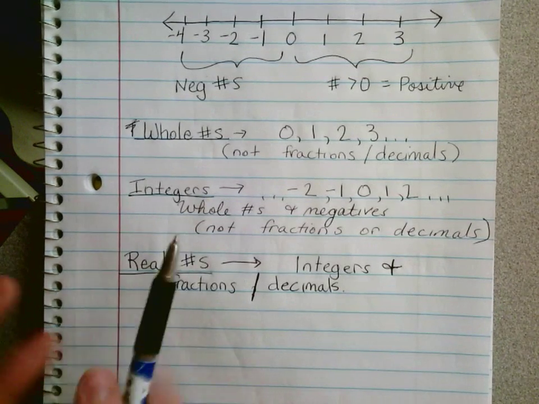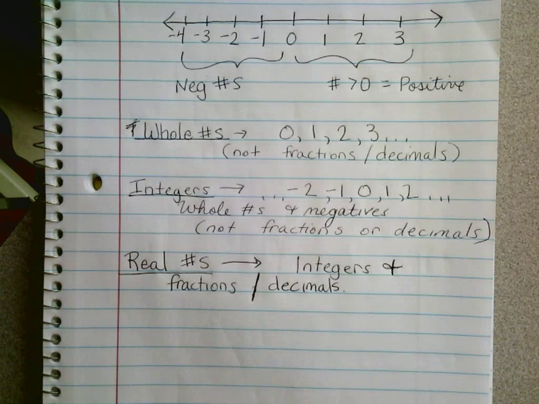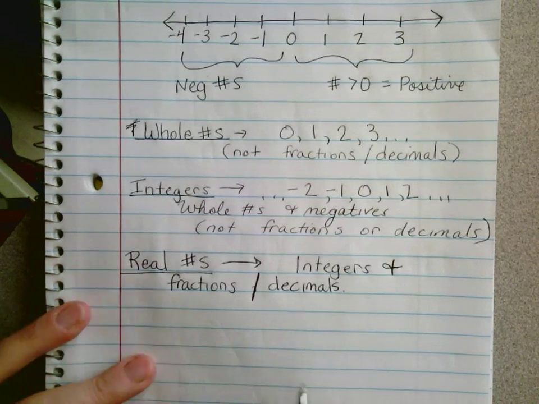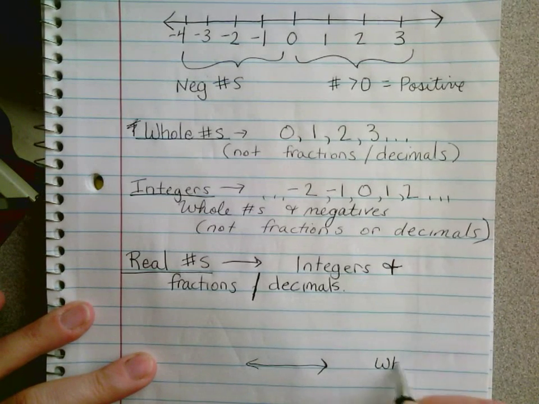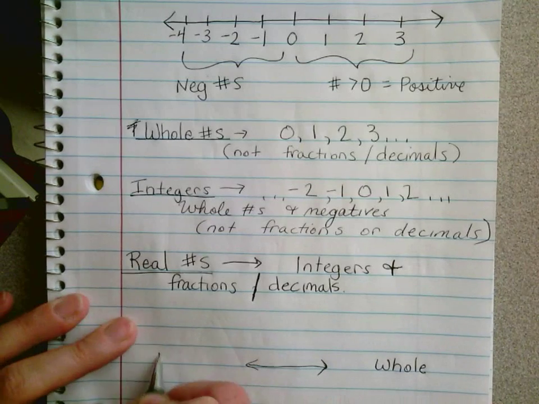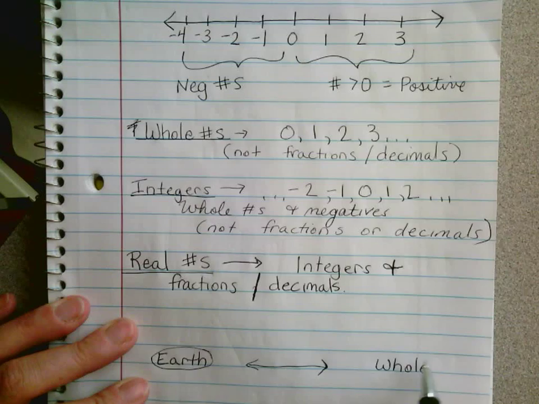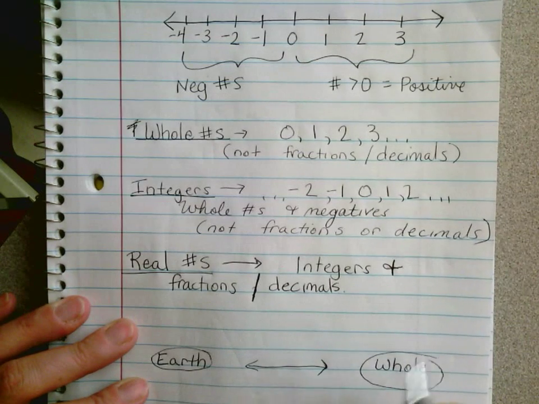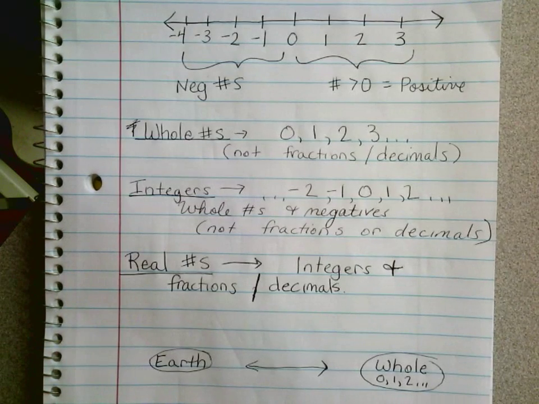So basically, what we've given you in order is a diagram showing that whole numbers is the smallest portion of the number universe. Okay? So if I were to liken it to a universe, whole numbers are like the earth. So 0, 1, 2, ... right?